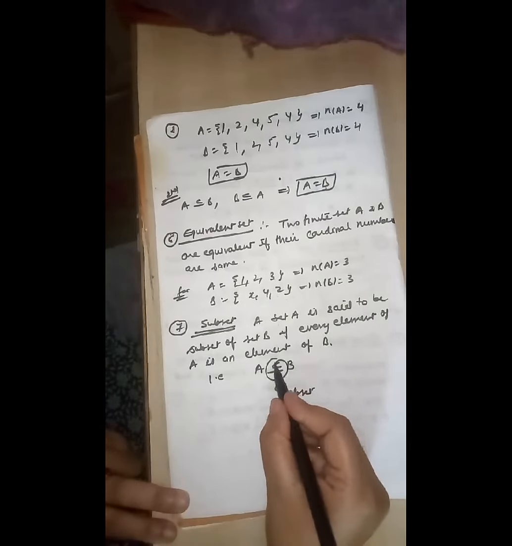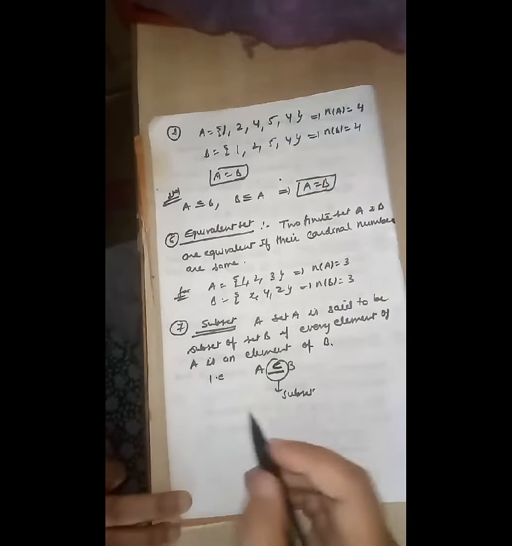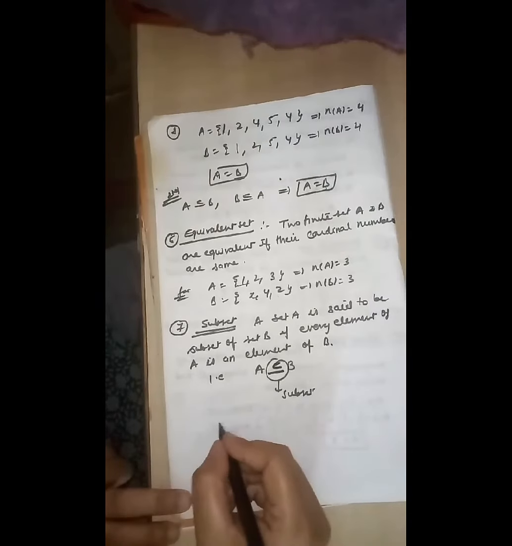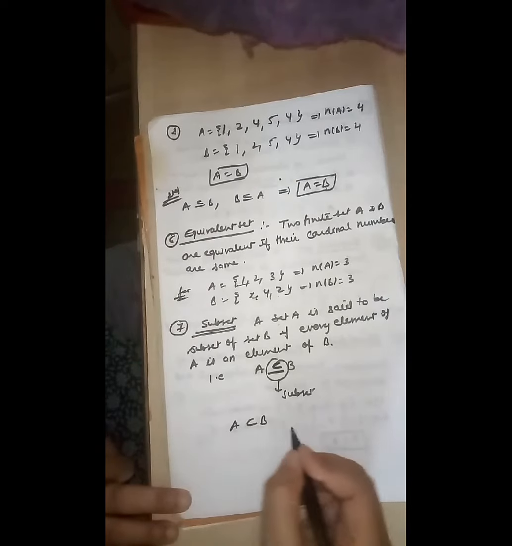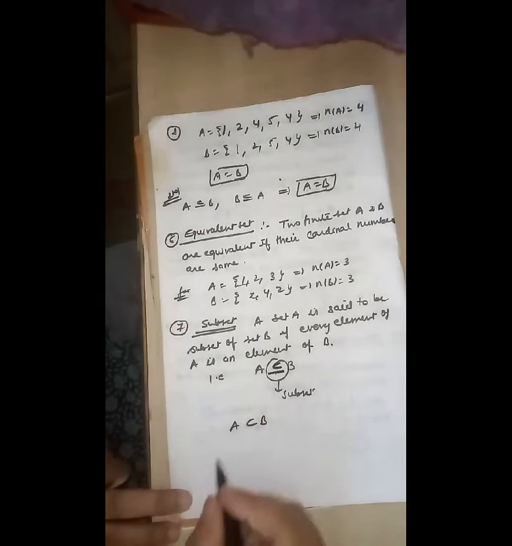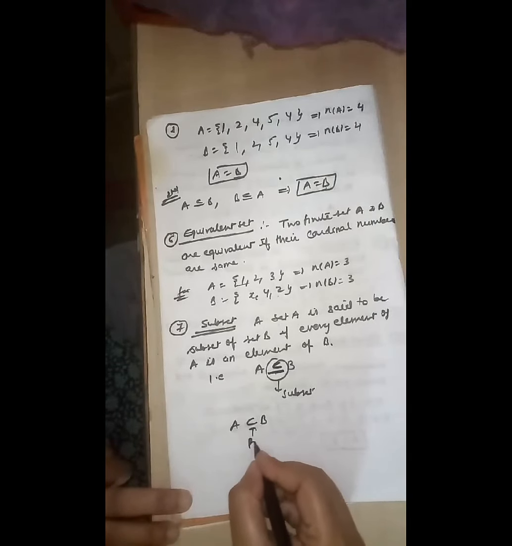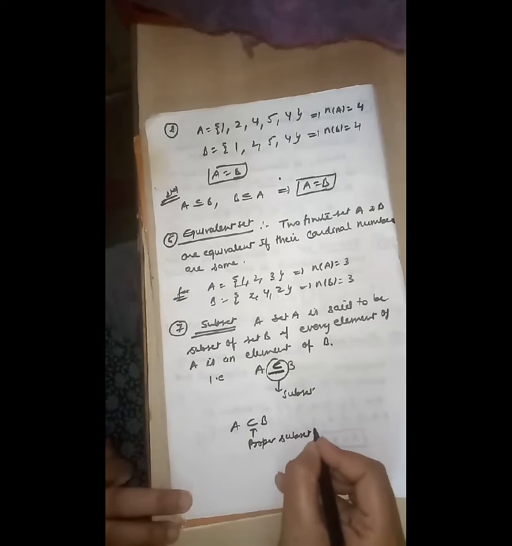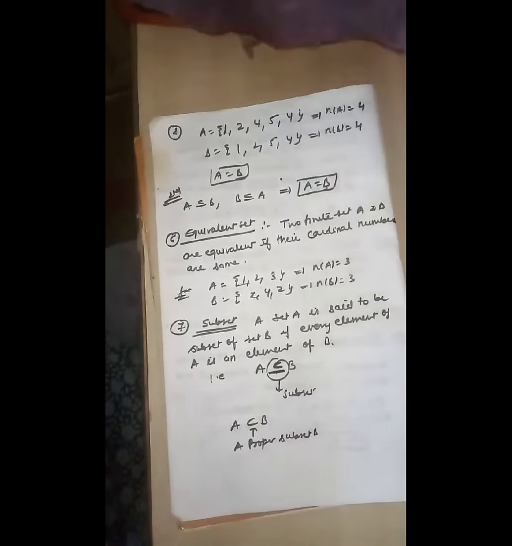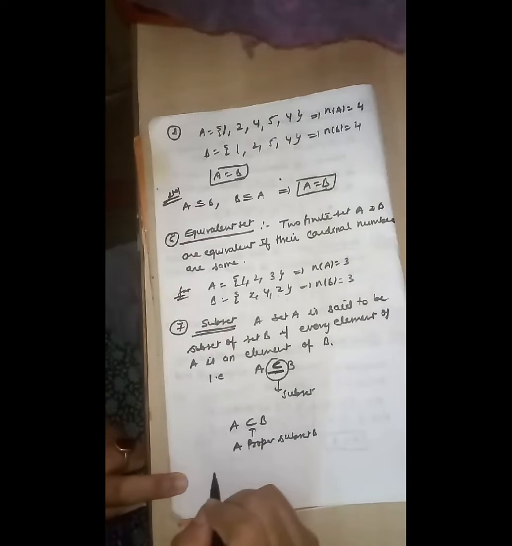If I take only this symbol, not showing the equal symbol, it means this shows a proper subset. It means A is a proper subset of B. What do you mean by this? It means B has at least one element more than that of A.